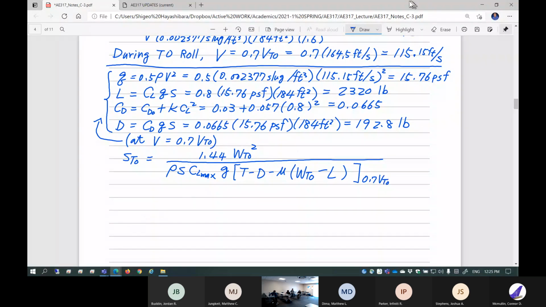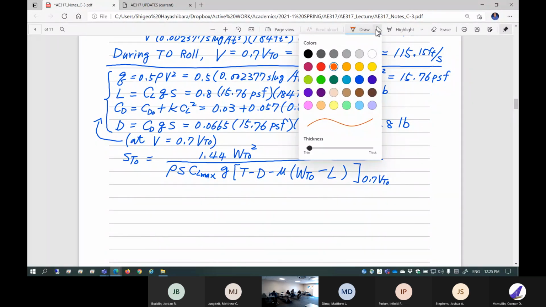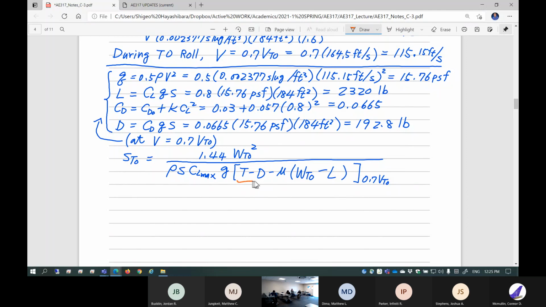Okay, so this is the equation. So whatever is inside of this bracket needs to be evaluated at the condition of 0.7 VTO. That's what it means. Okay? That's what this thing is.